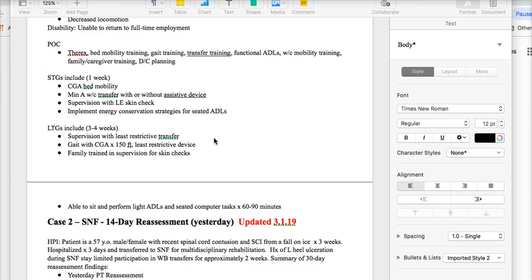And you know, a more firm surface certainly would be more optimal, and something with some lateral support, such as a chair with armrests.